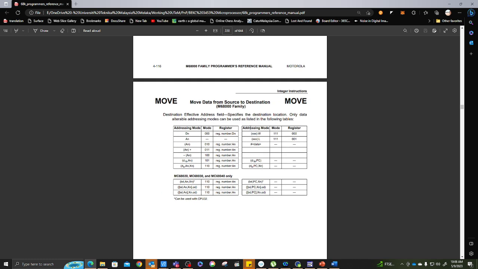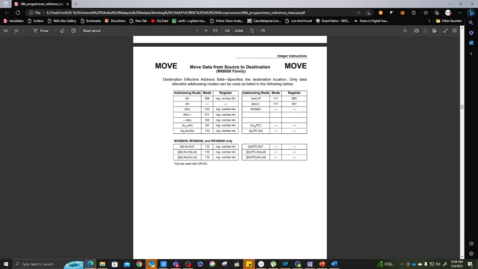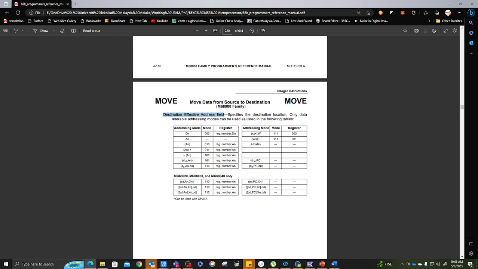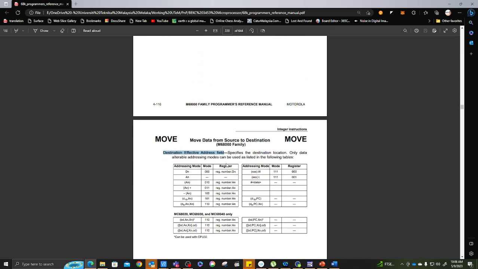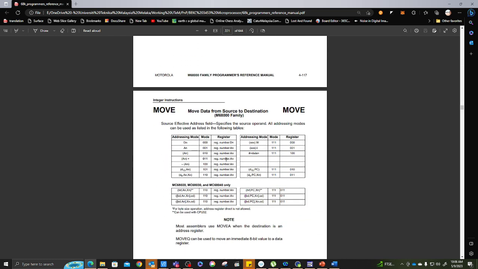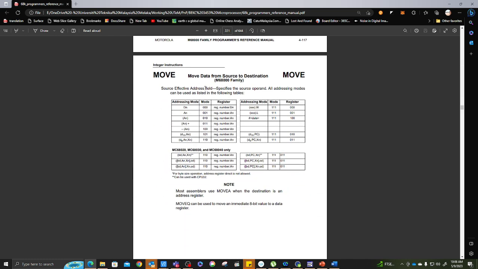Let's look at the information on the second page. This is the destination effective address field. It specifies the destination location. Only data alterable addressing modes can be used, as listed in the following table. This table is only for destination. On the third page, this is the source effective address field.